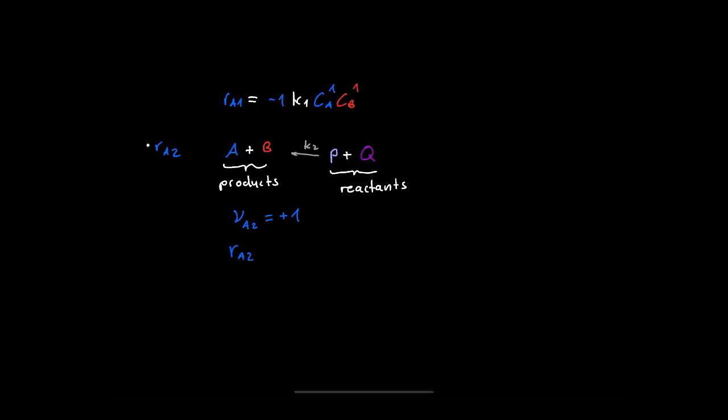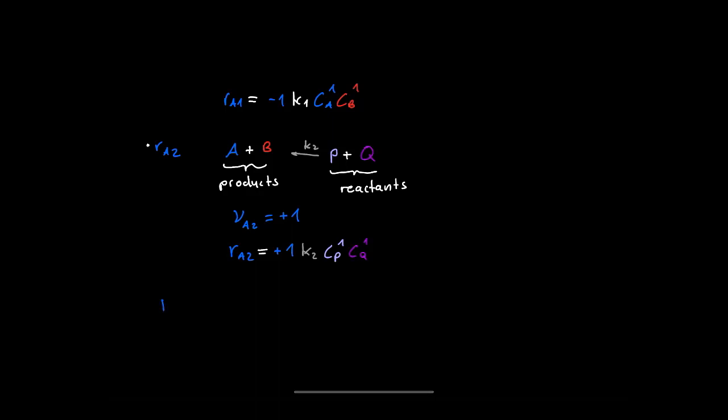So the reaction rate RA2 will result in the stoichiometric coefficient of the species A for the reaction rate RA2, which is 1, times the rate constant K2 times the product of the concentration of our reactants, which in this case are Cp times Cq elevated to their corresponding reaction order, which in both cases is equal to 1.